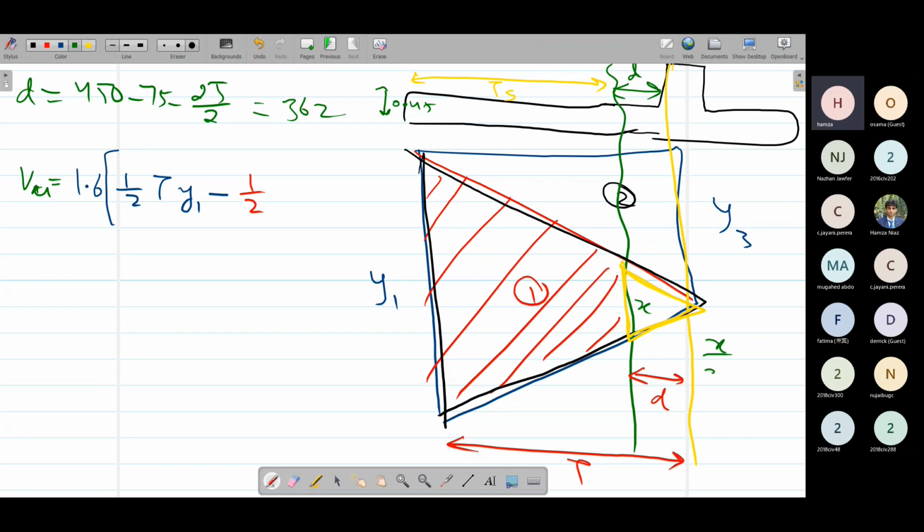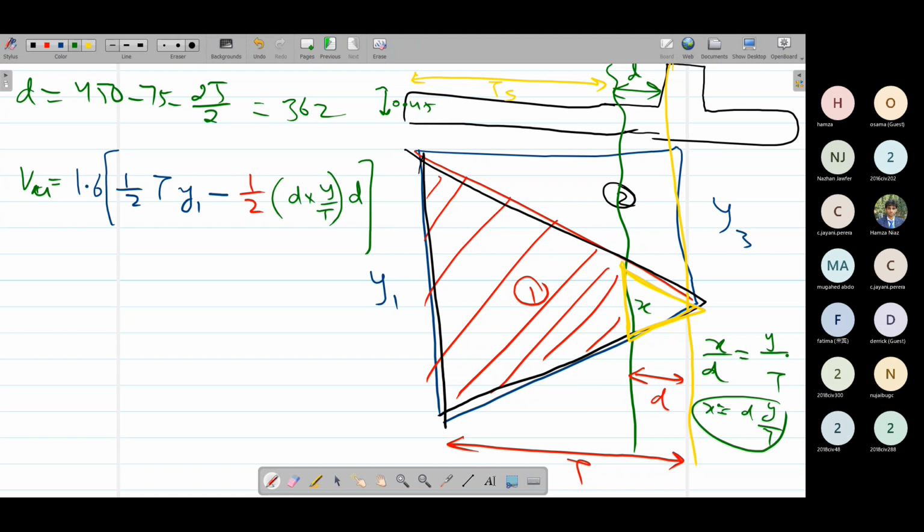So x over d, the smaller triangle, is equal to y1 over t, the larger triangle. So base over height is equal to base over height using similar triangle. So x value is simply d into y over t. So I plugged in the x value here. This is the base of this small triangle, and the height of this small triangle is d.